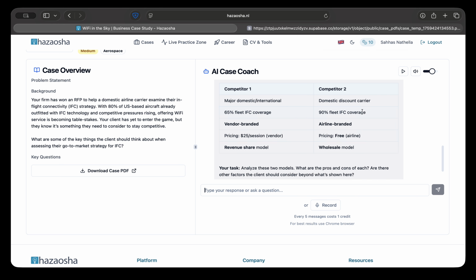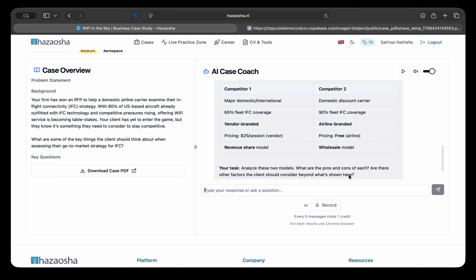We can see competitor 1 is domestic and international. Competitor 2 is only domestic, but it's a discount carrier. And we can see the IFC coverage between both airlines. We can also see that competitor 1 has bought the IFC system from a vendor, but competitor 2 has got their own version. From the vendor, it's $25 a session, but for the airline, it's free. In terms of revenue share model, competitor 1 has a revenue share model, but competitor 2 has a wholesale model.